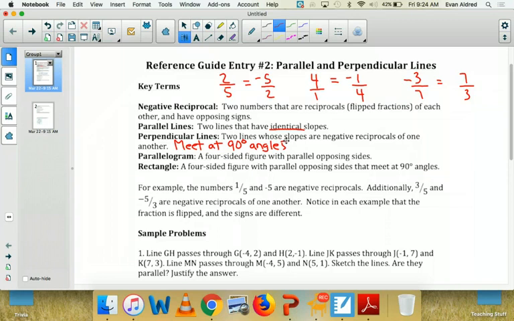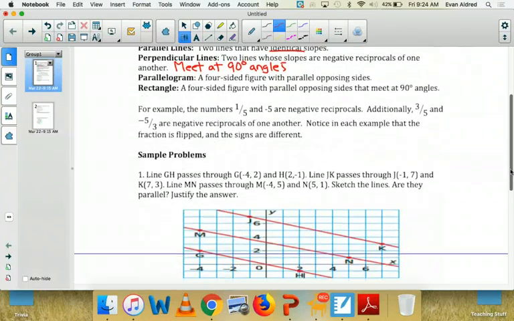Okay, so a parallelogram, 4-sided figure with parallel opposing sides, the top is parallel to the bottom, the right is parallel to the left. And a rectangle, that idea, but anytime that you have lines that meet, they meet at 90-degree angles, or they are negative reciprocals of one another.